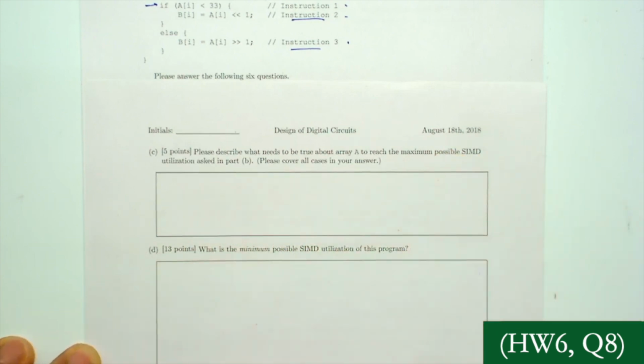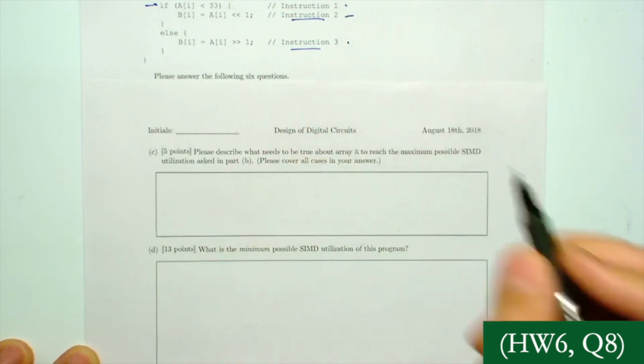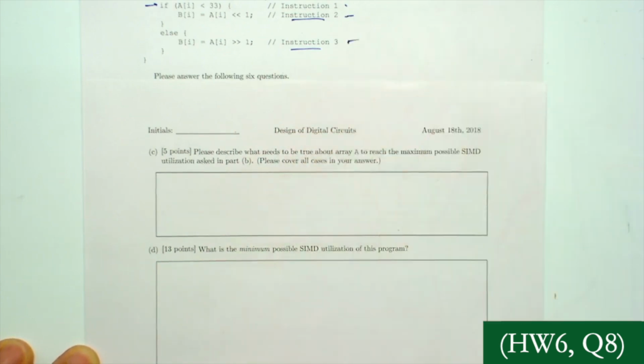Observe that whatever the answer is, we will have to give the answer at warp granularity. Why is that? Because the instructions are issued at warp granularity. So divergence is only a problem within a warp. There's no problem in terms of utilization if the threads of one warp execute instruction 2 and threads of another warp execute instruction 3.